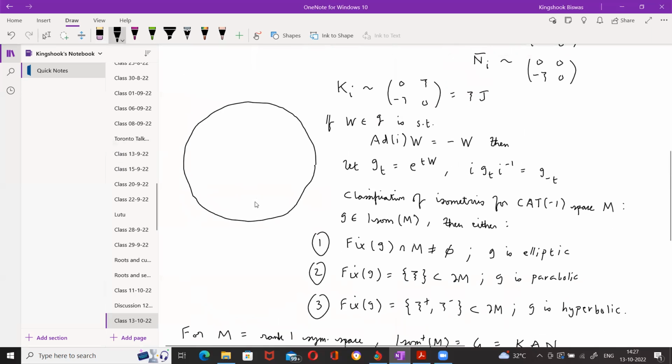Any isometry is determined by its derivative at the origin, right? If I know the image of the origin, say G dot O, and I know the derivative at the origin, then I know the isometry. Now to determine the derivative, it's enough to take an orthonormal frame at the origin and look at its image.